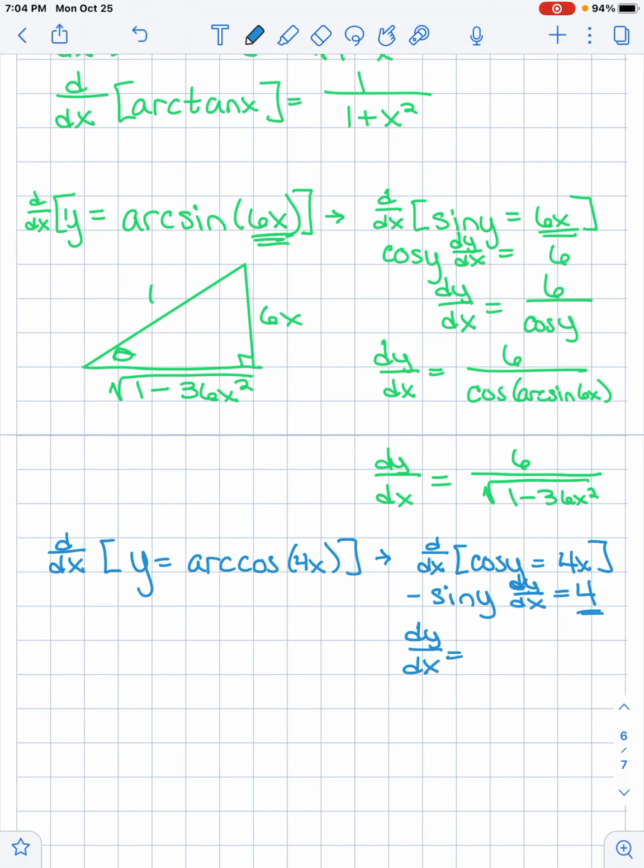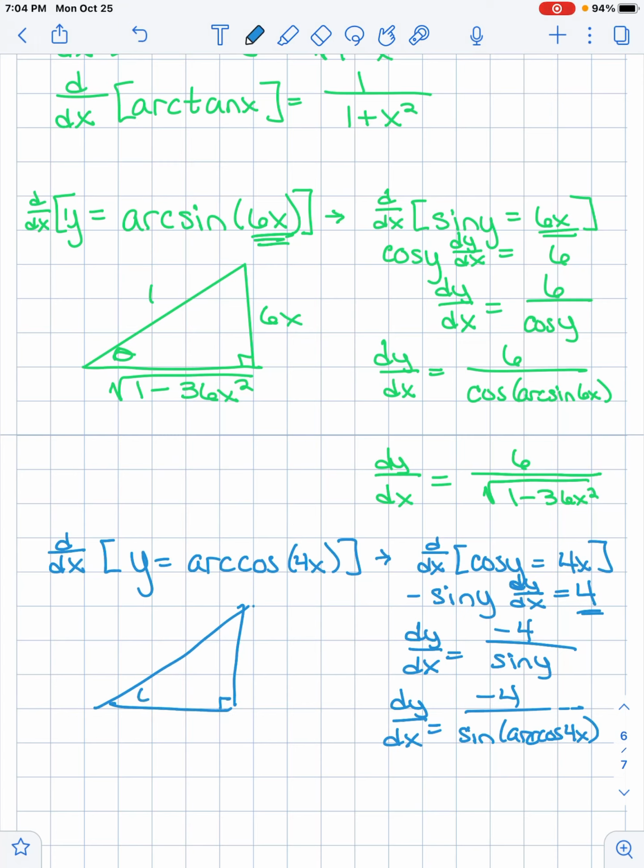Dy dx equals negative 4 over the sine of y. We will not leave y in our answer, so dy dx equals negative 4 over the sine of the arc cosine of 4x. Okay, we'll use the right triangle.